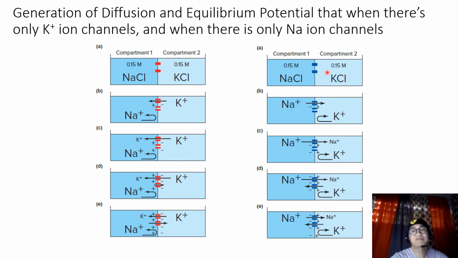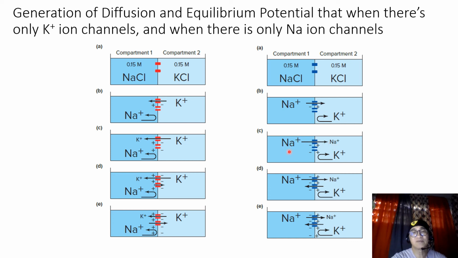The same thing could happen if we have two solutions that are separated by a selectively permeable membrane that is now only permeable to sodium rather than to potassium. Sodium will tend to diffuse from compartment 1 to compartment 2 because of concentration gradient.